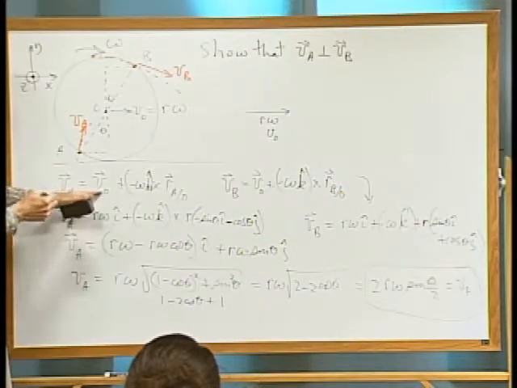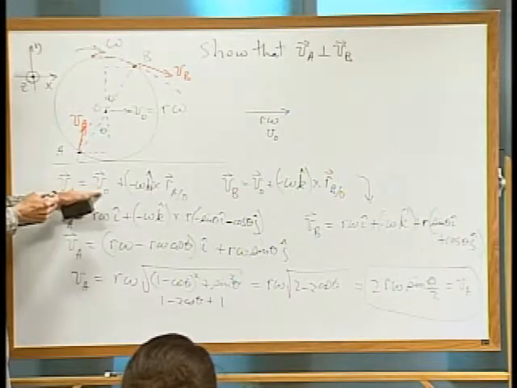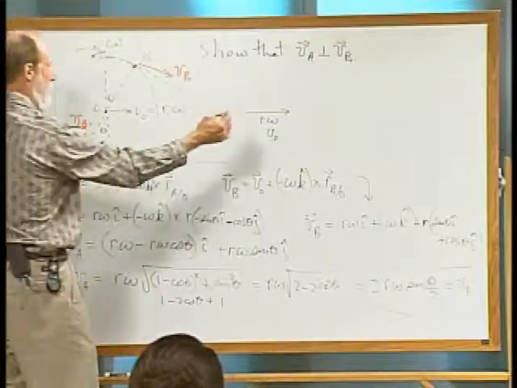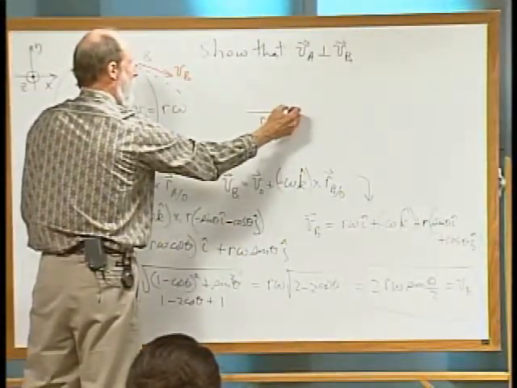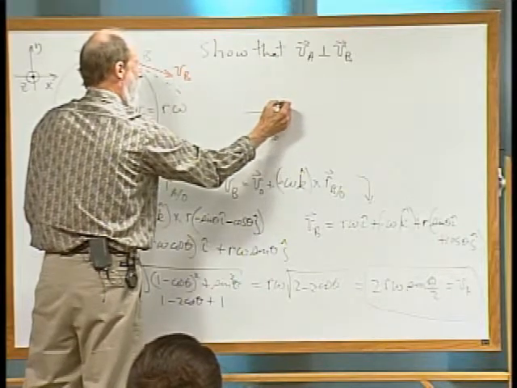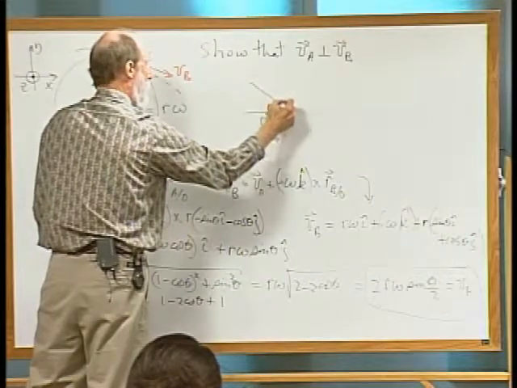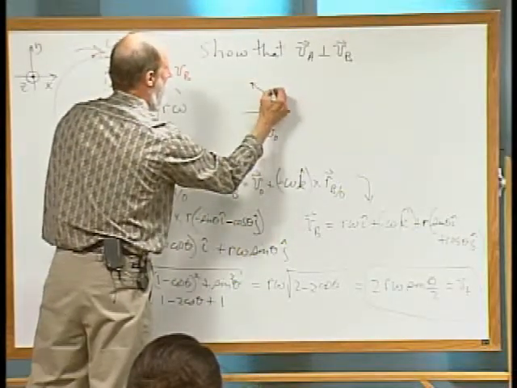So I've got v_O. I'm trying to figure out this thing. I'm trying to add this to that. I want to add these together. So what I'm going to do is come over here and add a vector that's equal in value pointing at angle theta up this way. And it's going to come about that far.